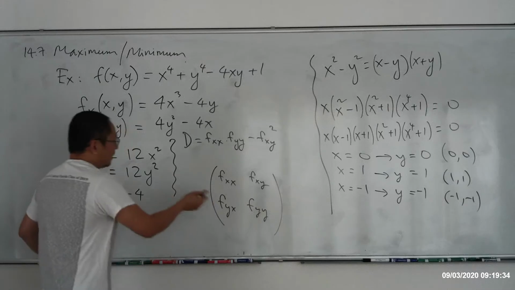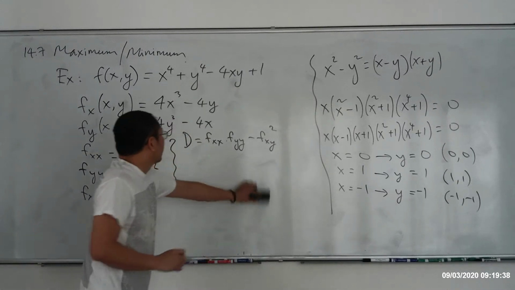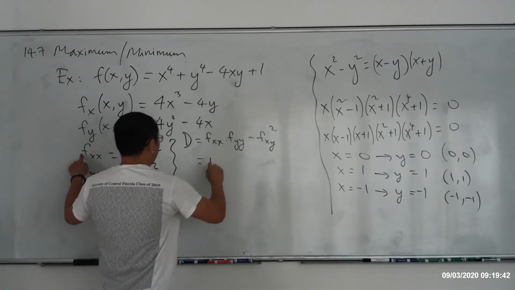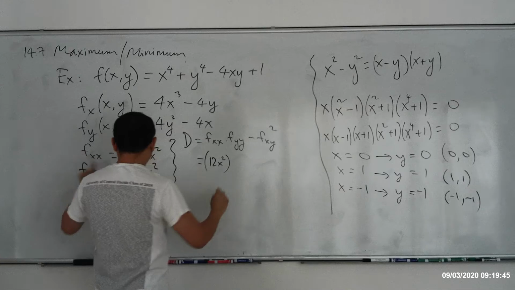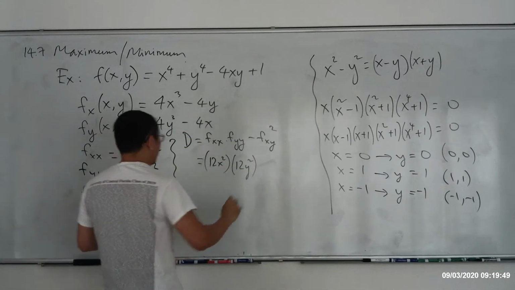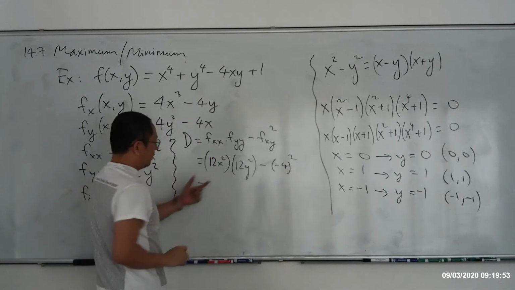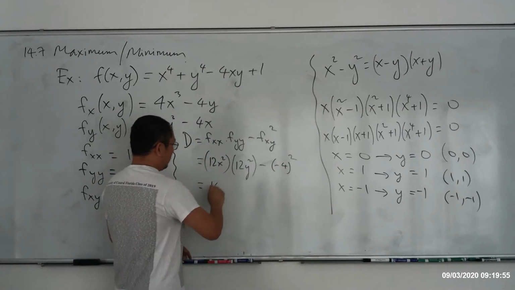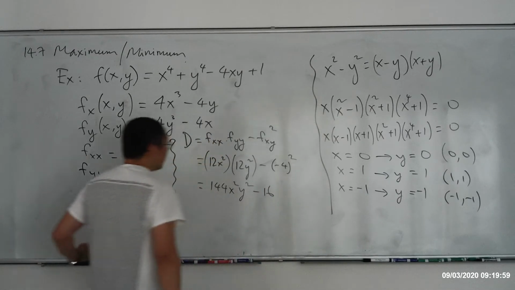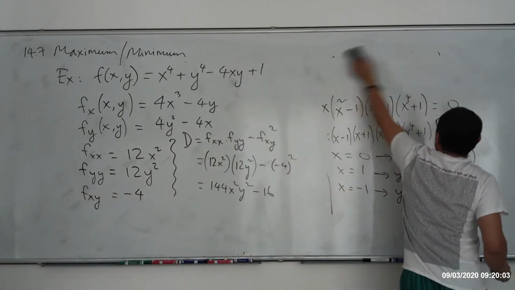That's how they call it D, I think. Okay, so calculate this one. fxx is 12x squared. fyy is 12y squared. And then fxy is negative 4. So negative 4 squared. So simplify: 12 times 12 is 144 x squared y squared minus 16. Okay, now see if this one is positive or negative.